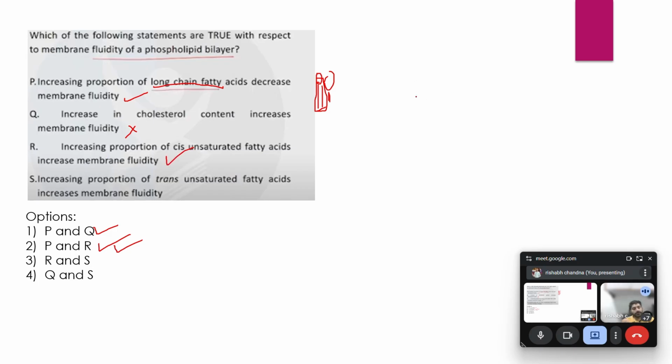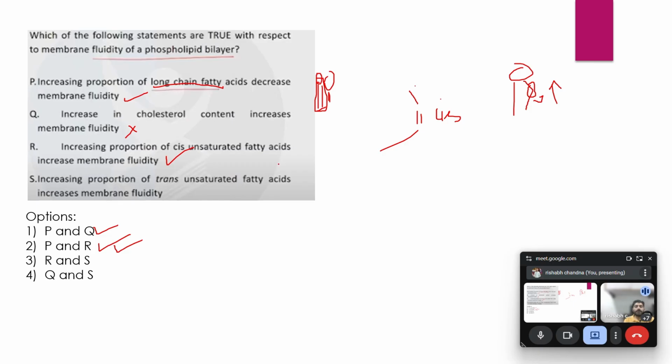In terms of cis fatty acid, the bonds will be like this, because these two chains would be on the same side, so this is called a cis bond. If we have this kind of structure in a lipid, a kink will be formed, and that kink increases the membrane fluidity. So this option is also correct.